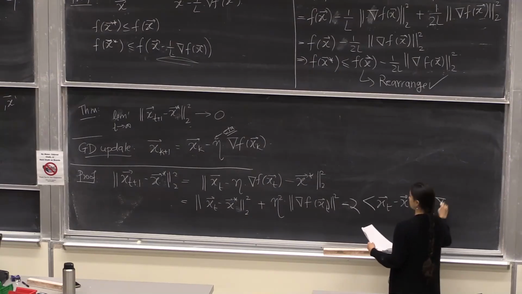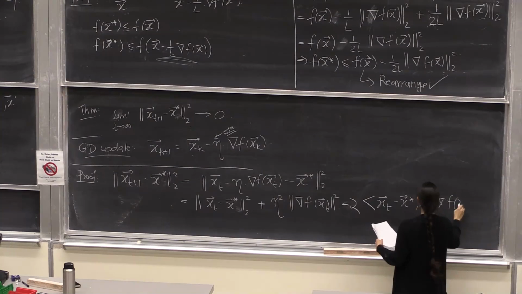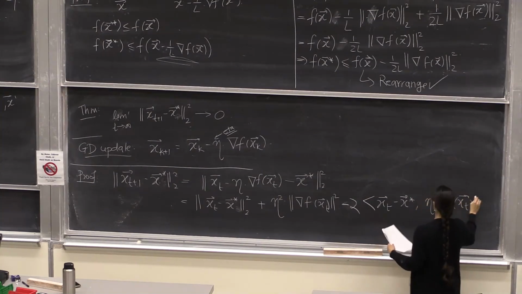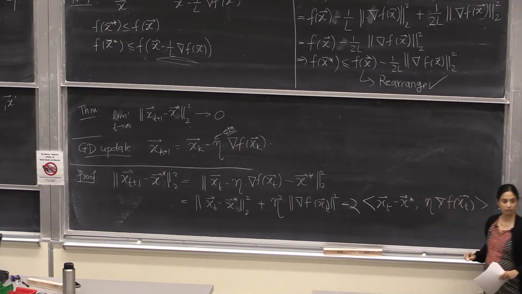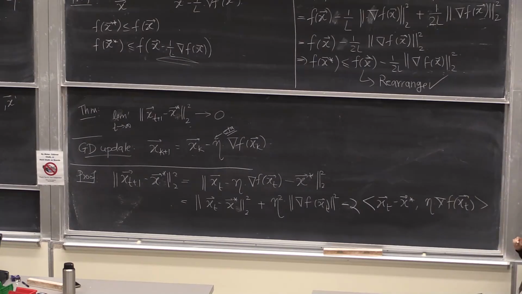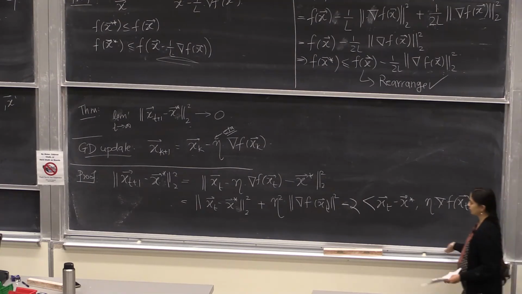Eta times gradient of f of xt. Right? Just the quadratic formula, you've seen this before. Okay.